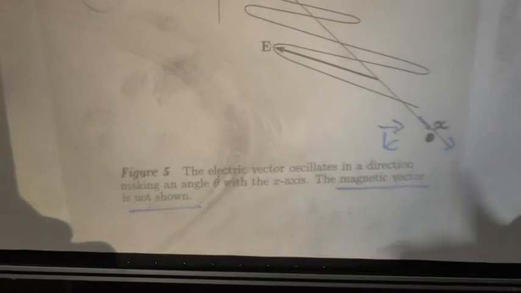So again, it makes diagrams horribly complicated if we try and show everything all the time. Almost everything that we're going to do, just remember it's in there, but we're just going to say, this is an E_y oscillation, and this is x propagation. In other words, my k vector's in this direction, my E vector's in this direction, and my neglected and forgotten B vector is along the z axis.